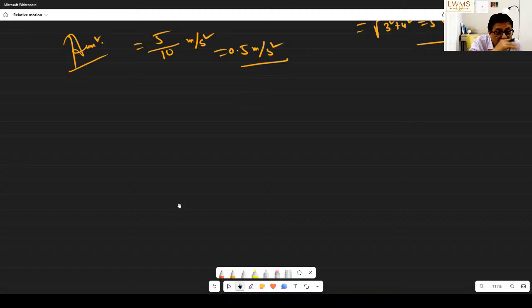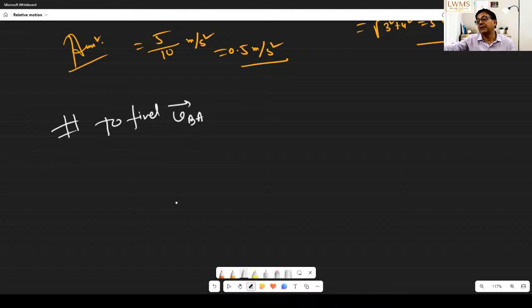Okay? So this is a theoretical discussion I am going to do now, which you can remember, the method to find VBA not using ijk, just using vectors, using the triangle law, or better to say, the parallelogram law.